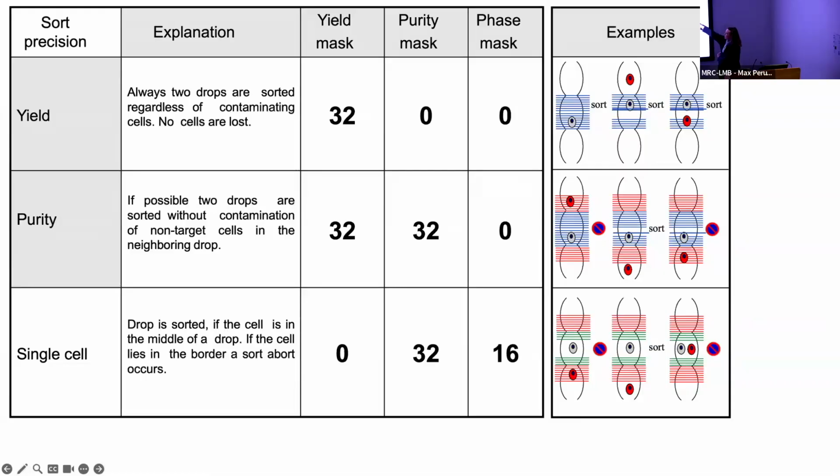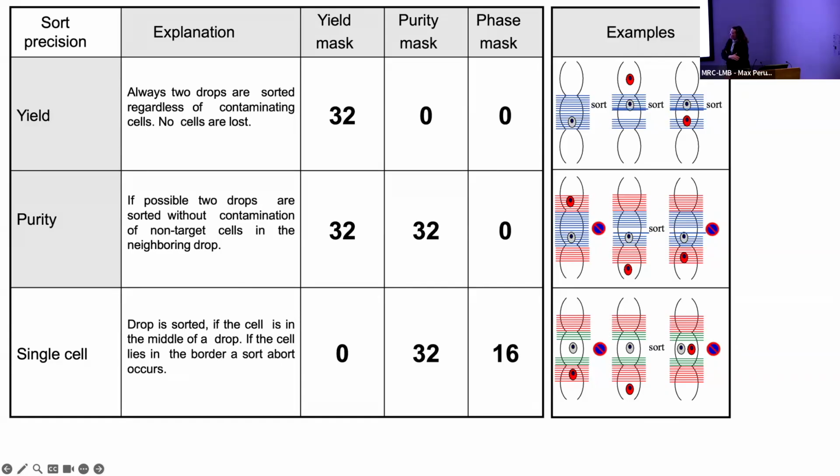It can be in the center, it can be up or down. It will still be sorted. But in the single cell mode, it's absolutely required that it's in the center of the drop. And if there is any contaminant or non-target particle that falls anywhere close to that, it will be aborted.